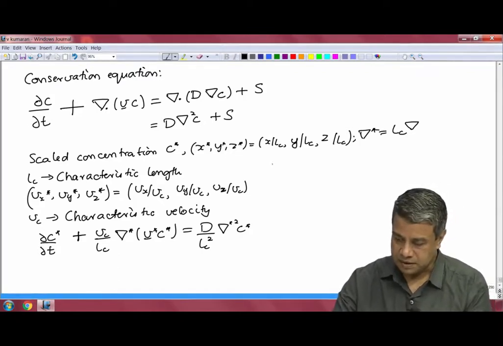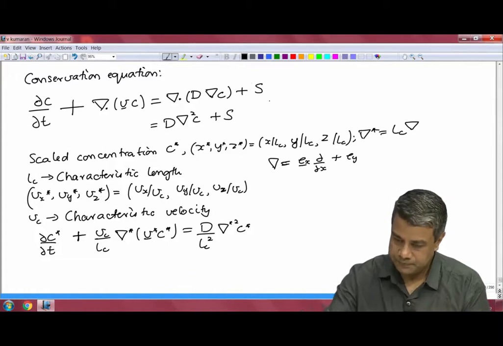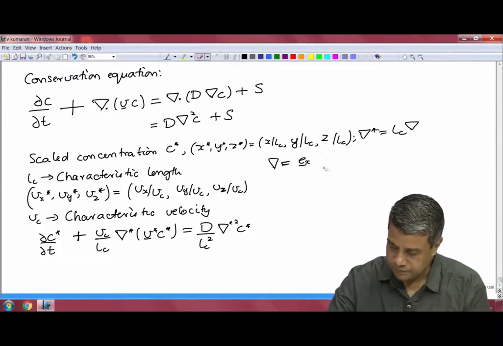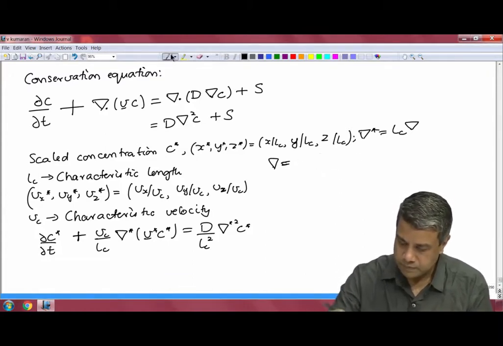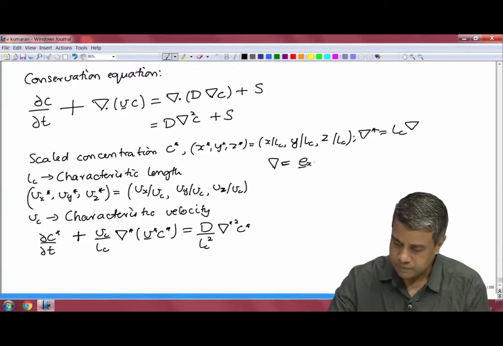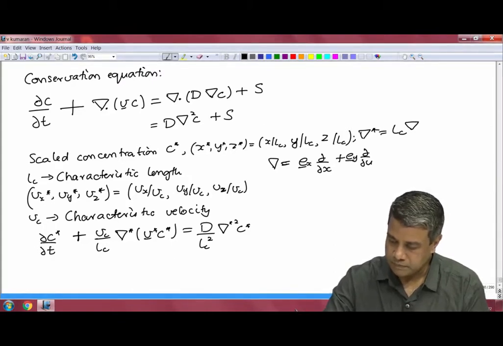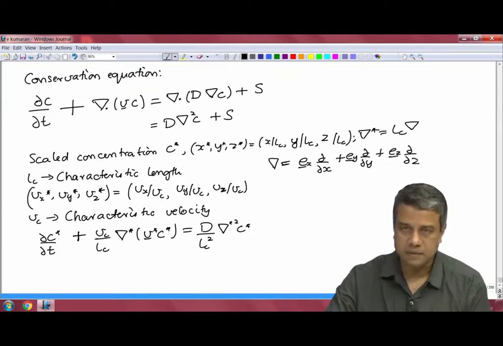Recall that the gradient is equal to Ex partial by partial x plus Ey partial by partial y plus Ez partial by partial z.